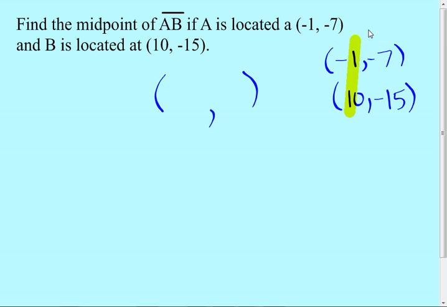So x midpoint is going to be 10 plus a -1 over 2. Does that bother you? What's 10 plus a -1? Not -9. 9 halves. Now, what's wrong with 9 halves? It's half of $9, $4.50. Leave it 9 halves. You don't have to get your calculator out and divide it.